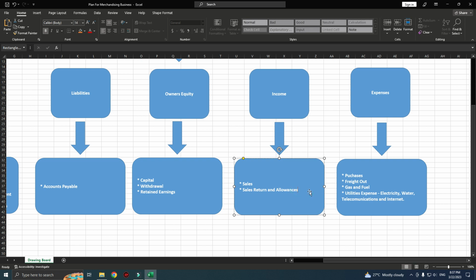And also another contra asset. And here the expenses will include freight out and freight in also. But this will be considered in here.